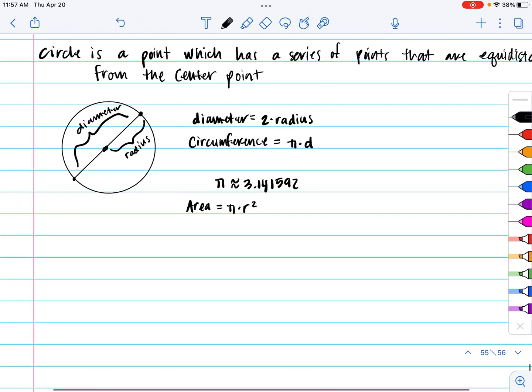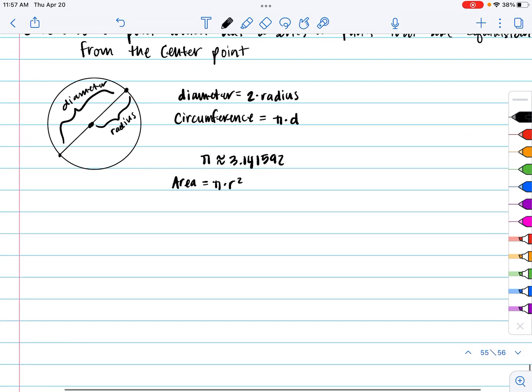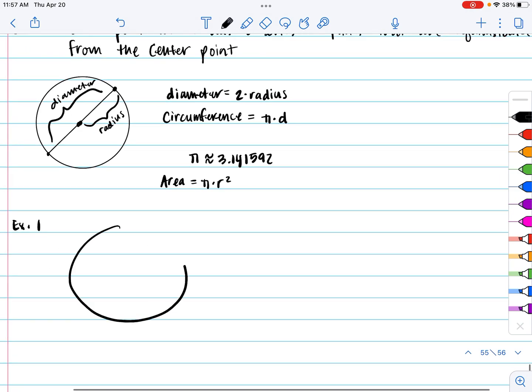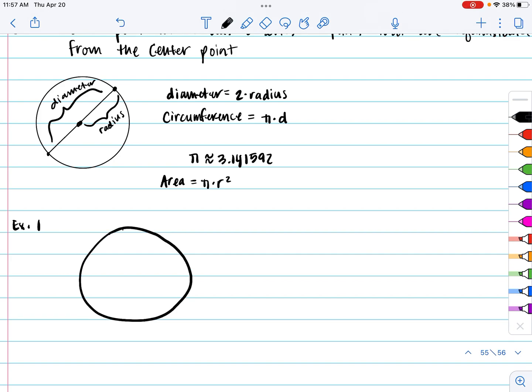Okay, so let's take a look at a quick example. So let's say example 1. I'm going to draw a circle. There you go.